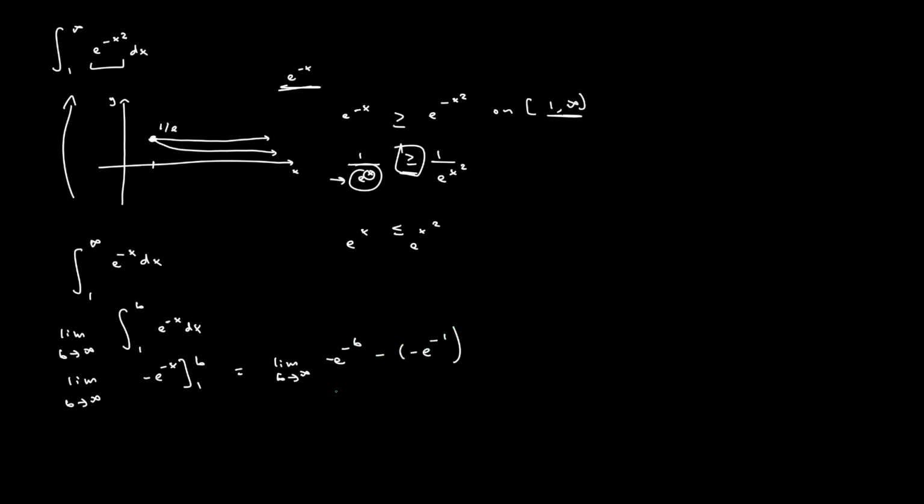And as b tends towards infinity, this will just tend towards 0, and this is a constant, so this will just be 1 over e. And 1 over e is a constant value, so because this evaluates to a finite value, we know that this converges.